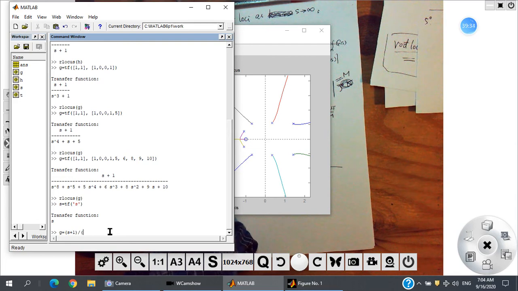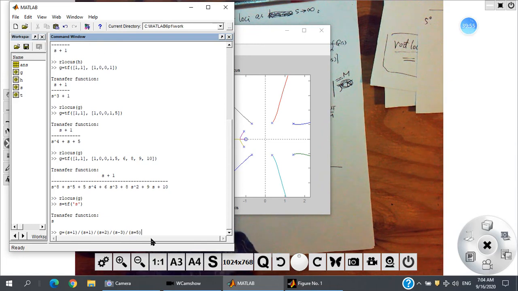And the poles: s plus 1 is a pole, s plus 2 is a pole, s minus 3 is a pole, and s plus 5 gives another pole.